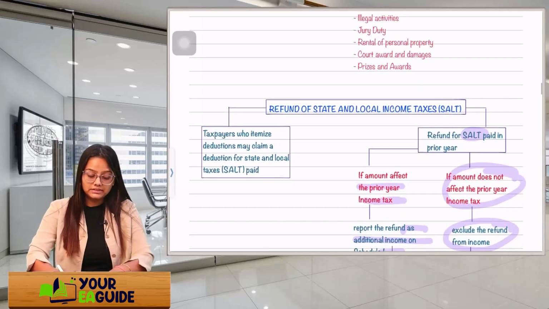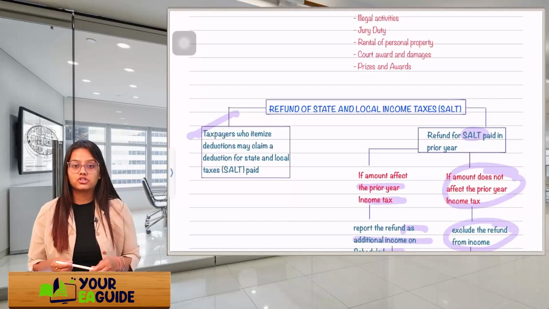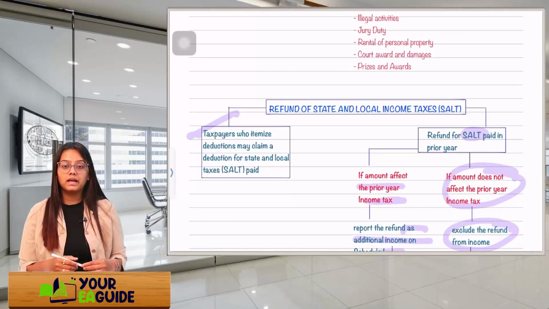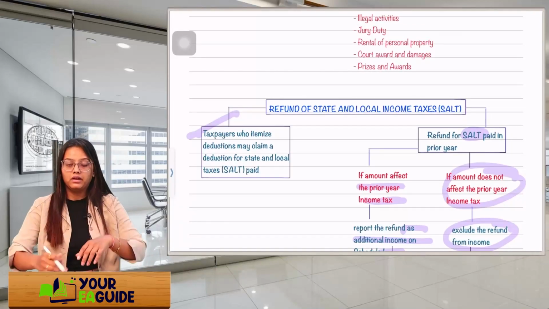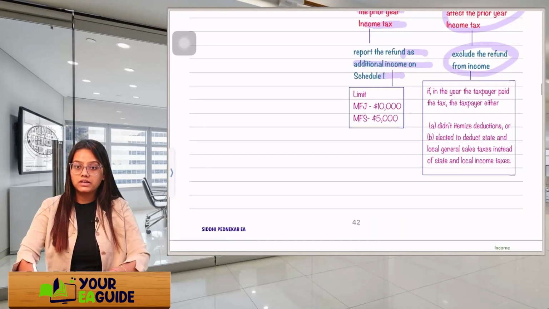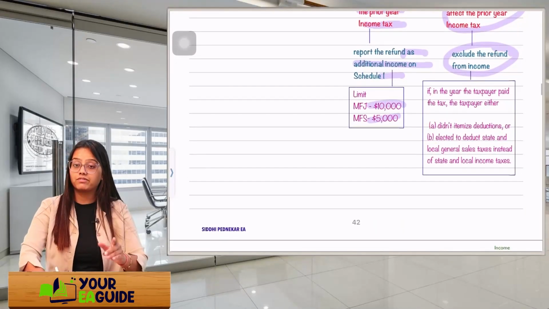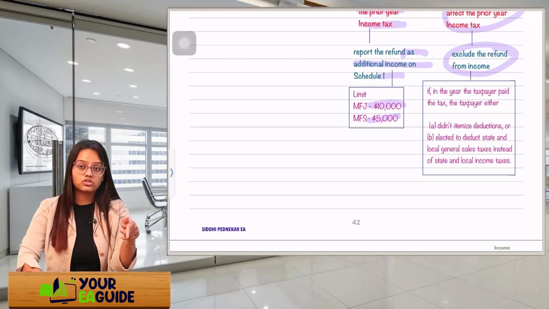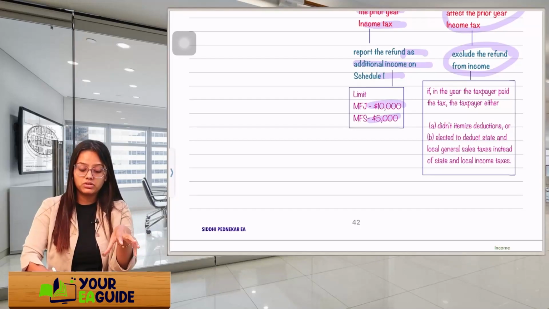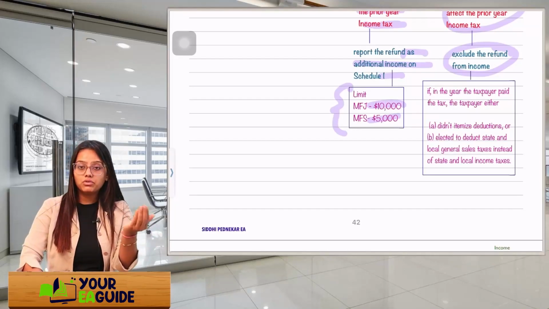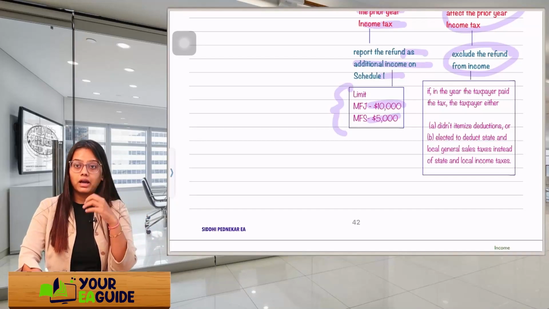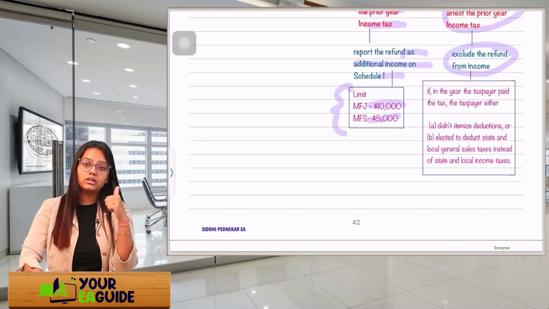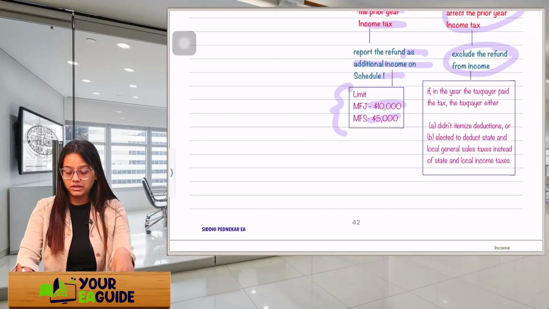Next, a taxpayer who itemizes may claim the deduction for state and local taxes paid. Here the limit is there: 10,000, or 5,000, is the limit in the itemized deduction. So if you have taken the itemized deduction up to this amount, whenever you receive a refund, check whether you had a tax benefit in the prior year; then you take it as taxable income in the current year.